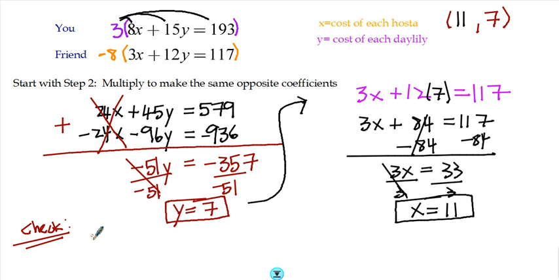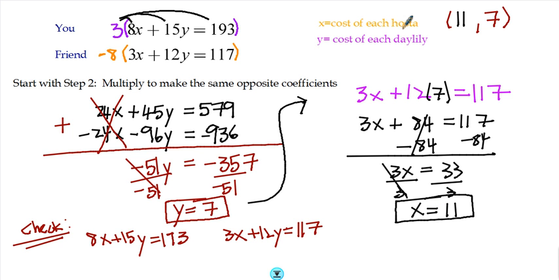So you have both equations, 8x plus 15y equals 193, and then you have the other equation, 3x plus 12y equals 117, and you want to make sure that you plug in 11 for x and 7 for y, and see if that makes the equations true. And like I said, I'm going to skip that for now, and I'm just going to write our solution.